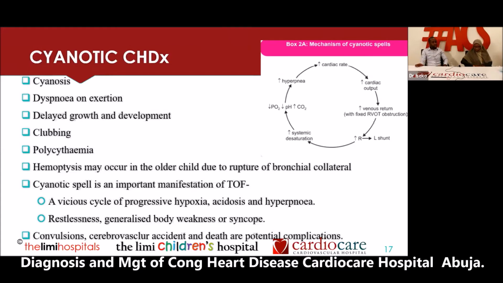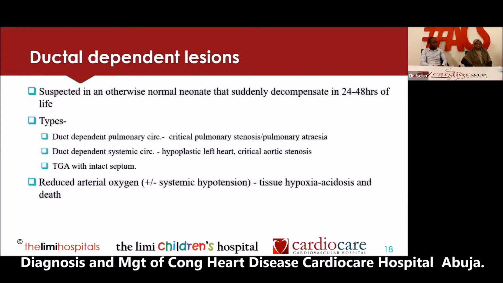Okay, so what are the duct-dependent lesions now, and how do they present differently from this? Duct-dependent lesions, like I mentioned earlier, TGA is one of them. There are other examples, and just like the name implies, they depend on the ductus arteriosus being patent to survive.